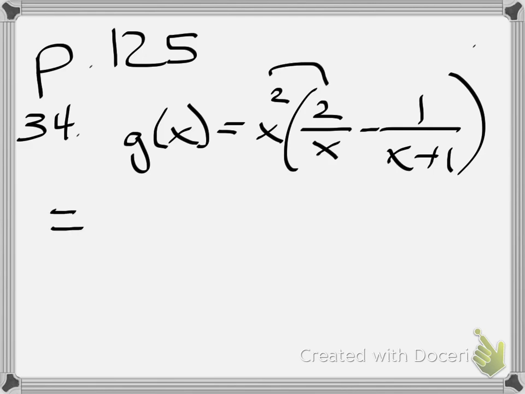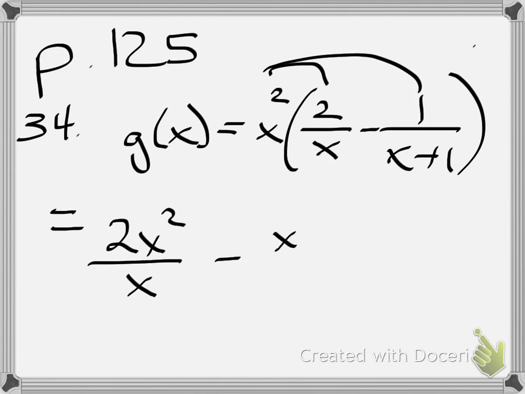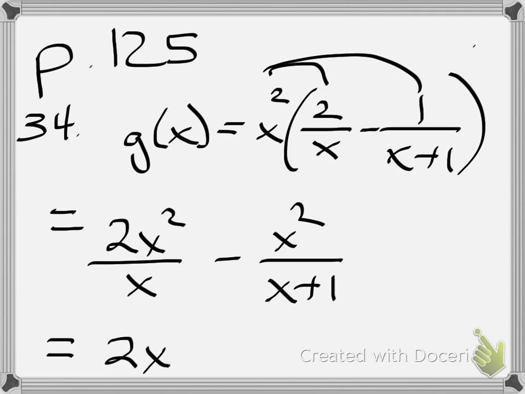So I'm going to multiply the x squared, and I would get 2x squared over the x minus x squared over the x. And then I'm stuck. I could simplify 2x squared over x to 2x, and then that's pretty nice. But then I still have a quotient here. I think that's what I'll do.